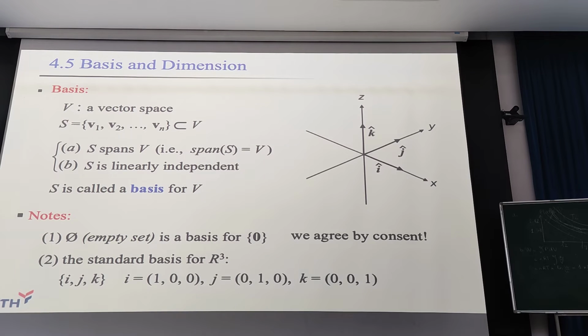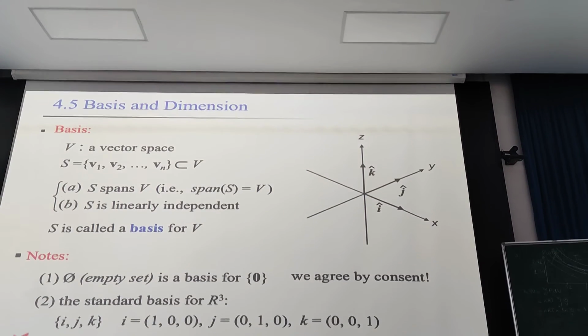A set of vectors v1 up to vn will be called a basis for the vector space V if S is a spanning set of V and is linearly independent.